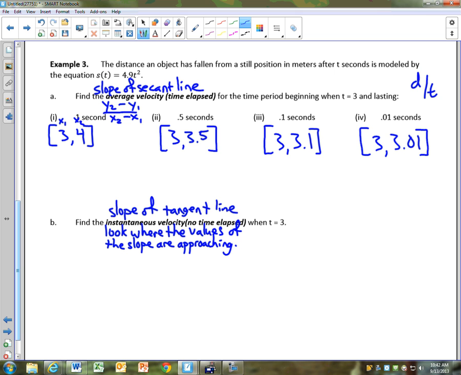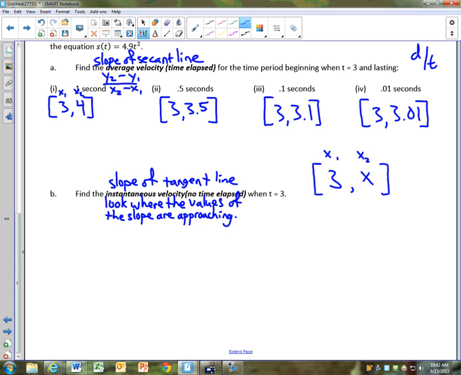In fact, I'm going to change this just a little bit to make it easier. 3 would be one X value, and X would be the X2 value. Do you agree? Those correspond to Y values.